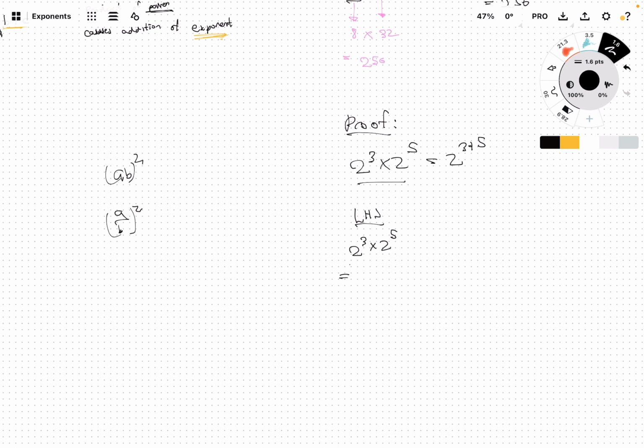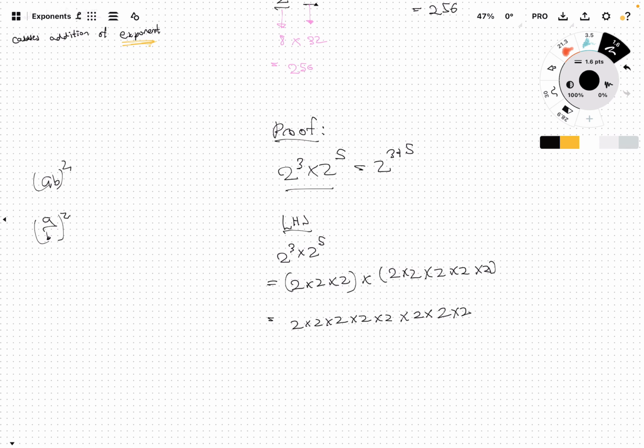What's the definition of powers? It's repeated multiplication. So this 2 cubed is 2 times 2 times 2. Whereas this 2 to the 5 is 2 times 2 times 2 times 2 times 2. It's 5 2's together. And remember, multiplication is associative, so the brackets really don't matter because it's all multiplication. If there were other operations, of course the brackets would matter.